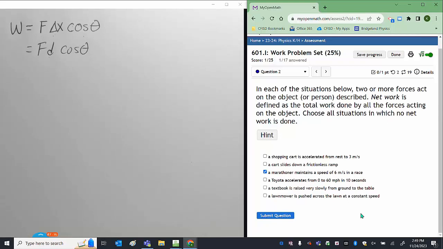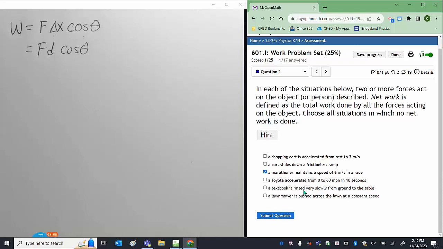The next one says a textbook is raised very slowly from ground to a table. Again, you have force being applied in the direction of the displacement from the ground to the table. At least initially you have acceleration as it's lifted from the ground. But it's talking here about as it's raised, so the wording's a little bit tricky.